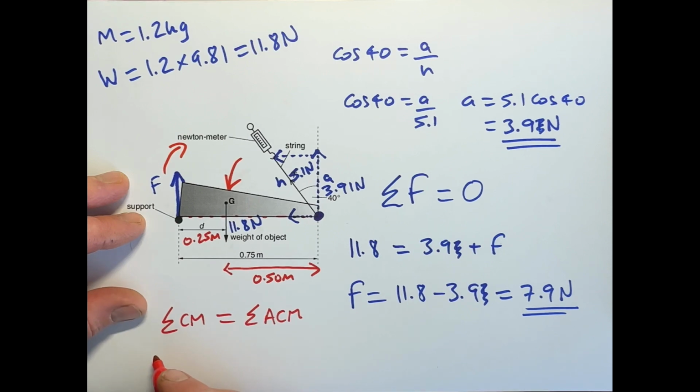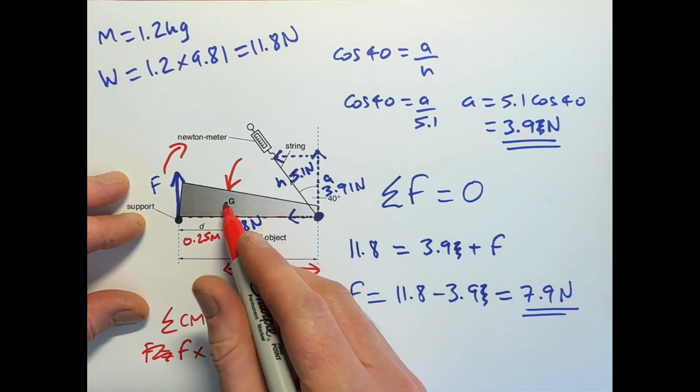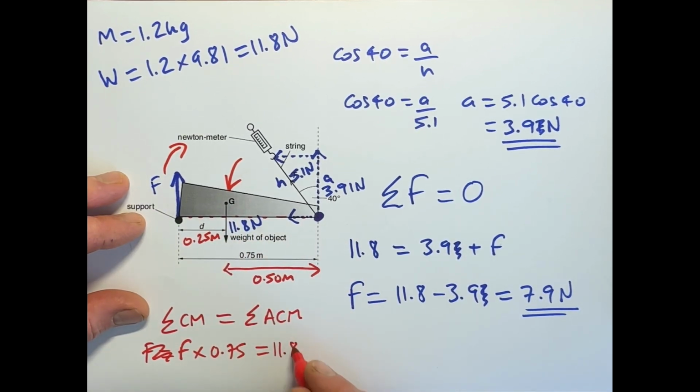So clockwise, we've got F times 0.75 is equal to 11.8 newtons, because that's the weight, multiplied by 0.5.